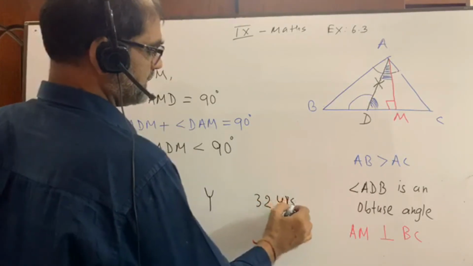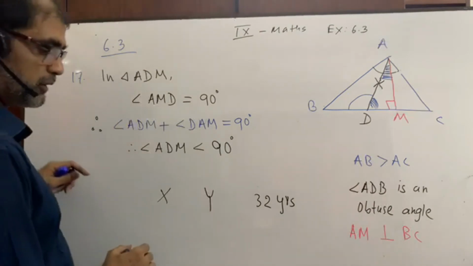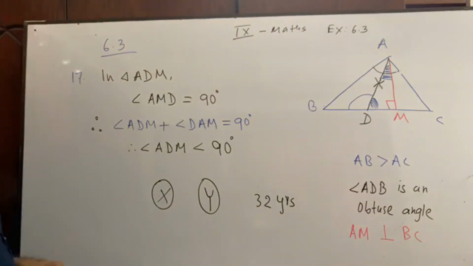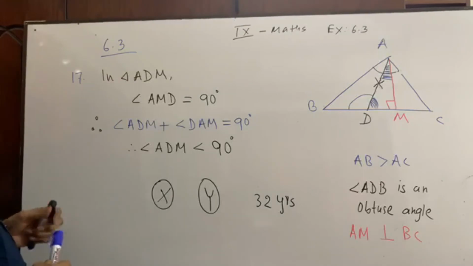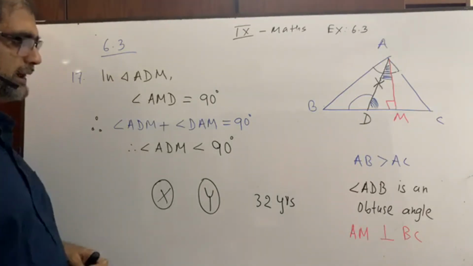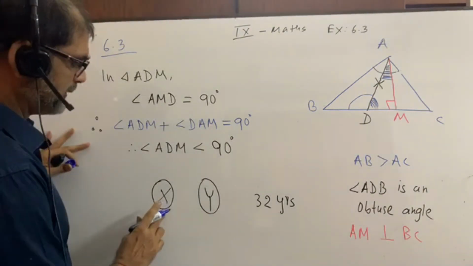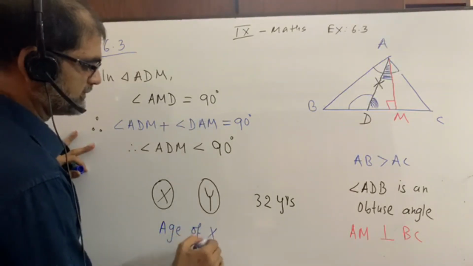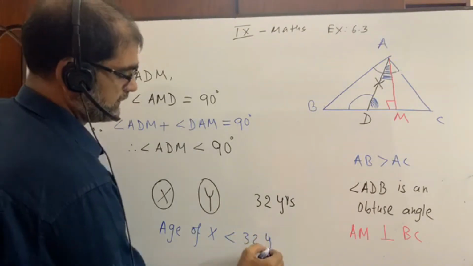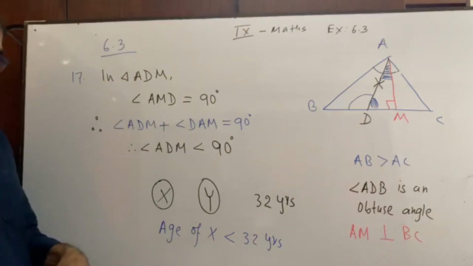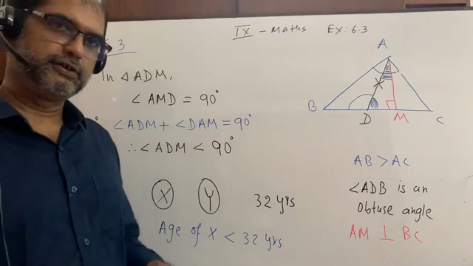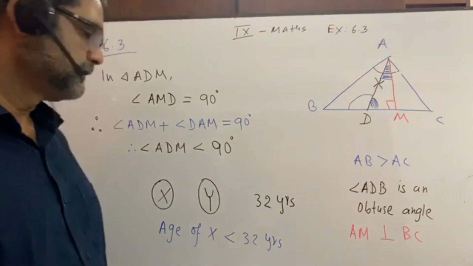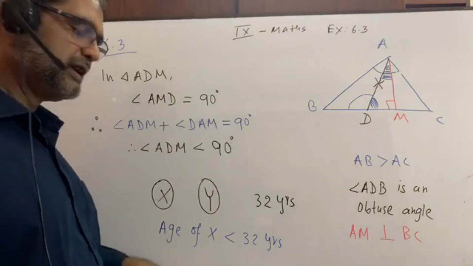Can I tell you that the age of X is less than 32 years? Am I right? The sum of their ages is 32 years in total, so the age of X is definitely less than 32 years, and the age of Y is also less than 32 years.